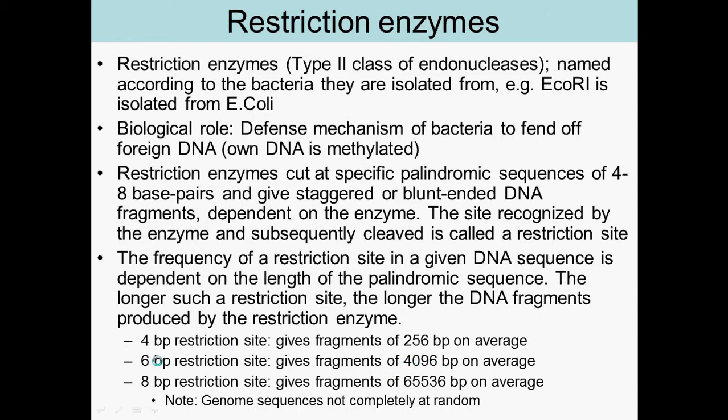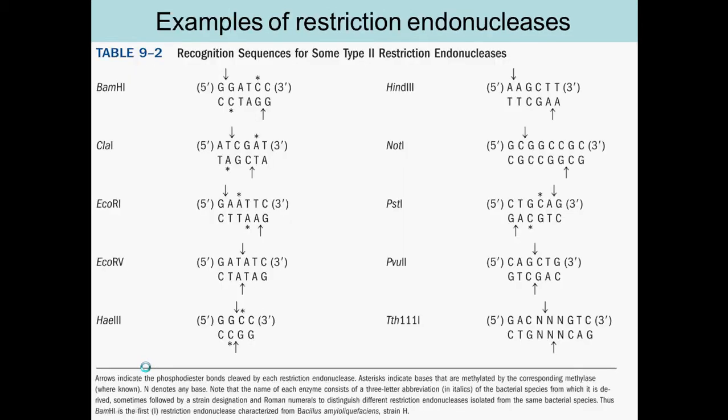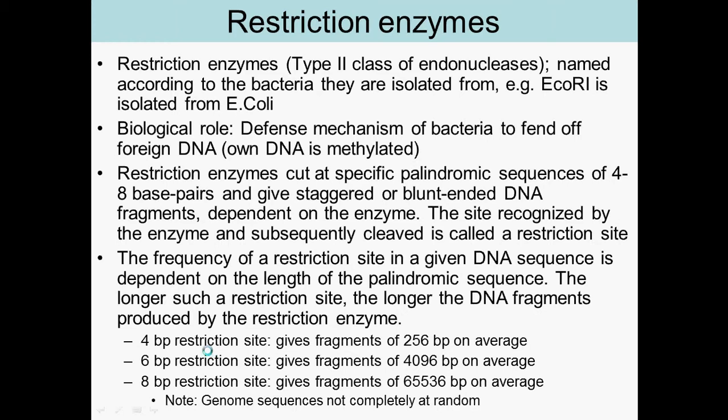So a restriction enzyme recognizing 6 base pairs is going to cut every 4096 base pairs, and one recognizing an 8 base pair sequence is going to cut once every 65,000 base pairs on average.